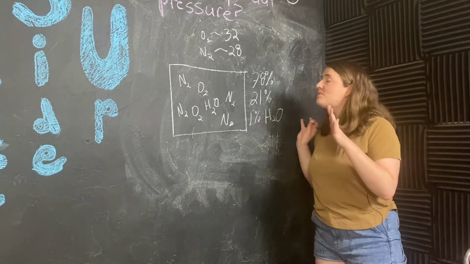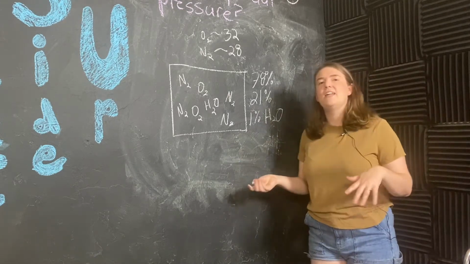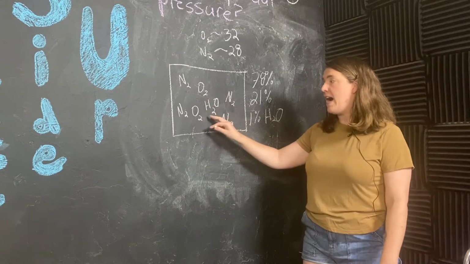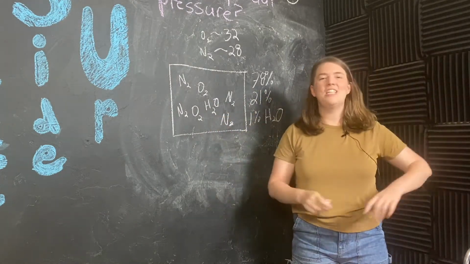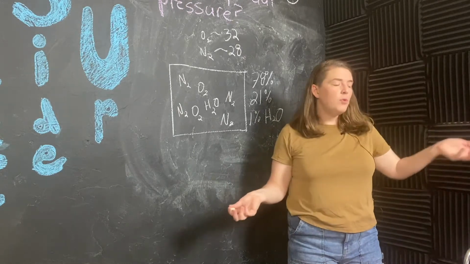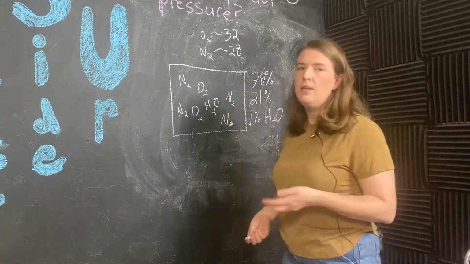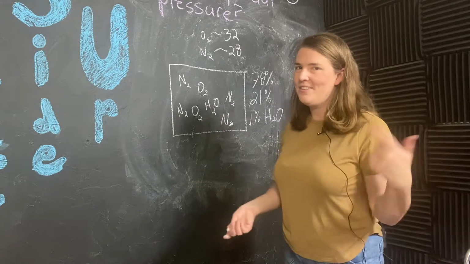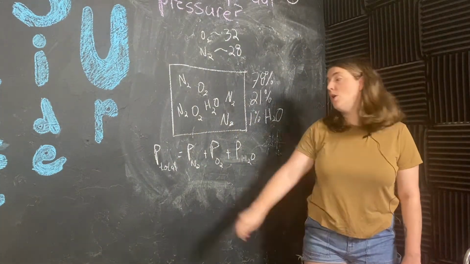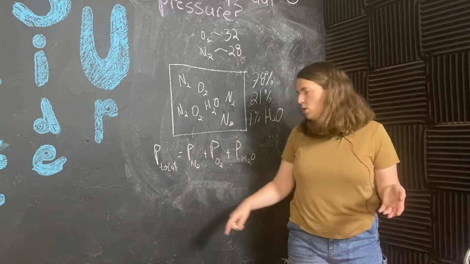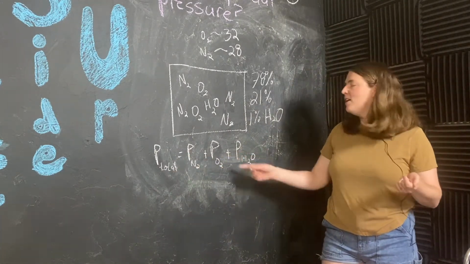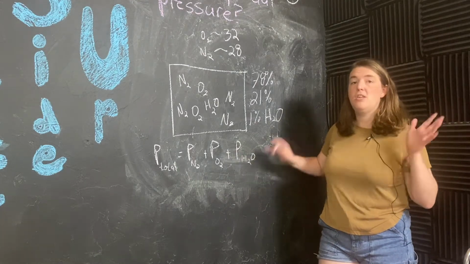But the basic idea here is that if we know the partial pressure of each of our different molecules, then if we add all those pressures up, we should get the total pressure. So in a quick formula, the total pressure is going to equal the pressure from the nitrogen plus the pressure from the oxygen plus the pressure from the water vapor.